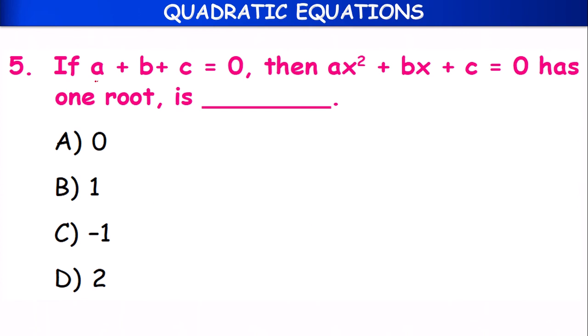Next, children, if a plus b plus c equal to 0, then ax square plus bx plus c equal to 0 has one root. That is what? If a plus b plus c equal to 0, then this has one root which is equal to what?